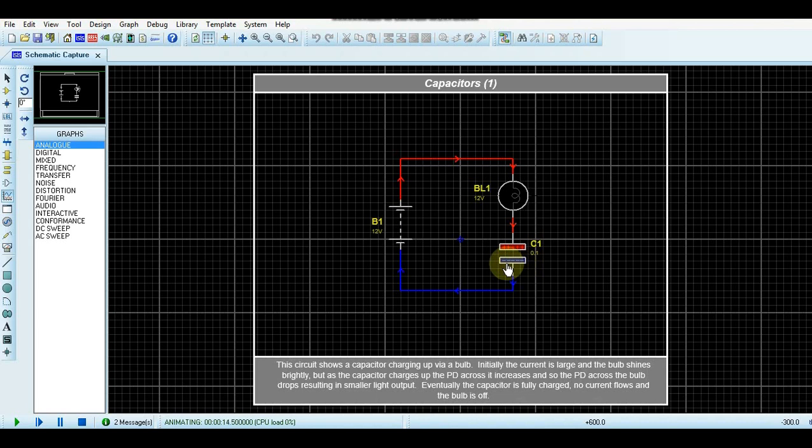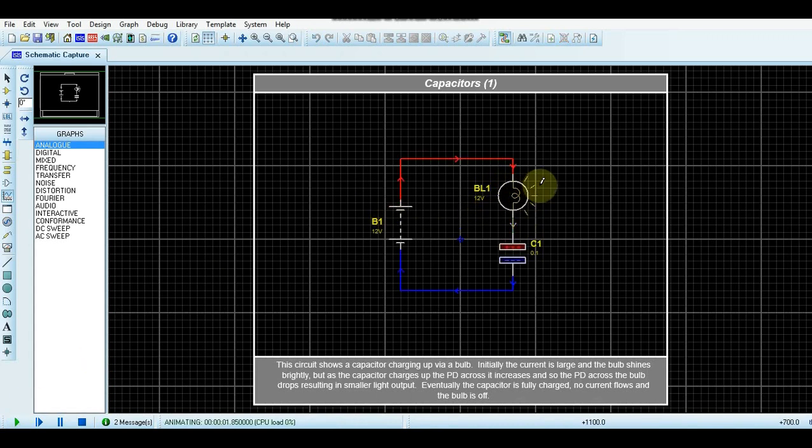So let me run the simulation again. As soon as I run the simulation, you can observe this bulb BL1 shines more, and then after a period of time, the current flowing through this BL1 is very less. So let me run the simulation.